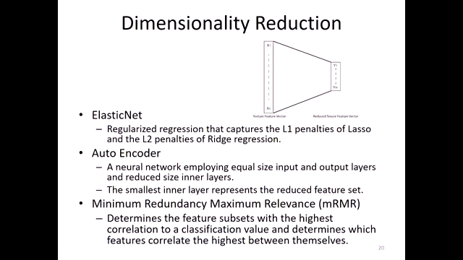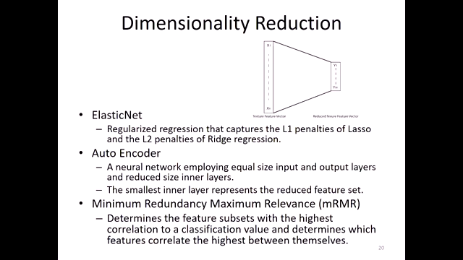The next is autoencoder, and I'm going to try to paint a picture with a few words here. Essentially, it's a neural network that employs equal size input and output layers and reduced size interlayers. You put your entire feature vector on the input, the entire feature vector on the output, and train the net such that the interlayer is an encoded representation of what the overall feature vector would be.